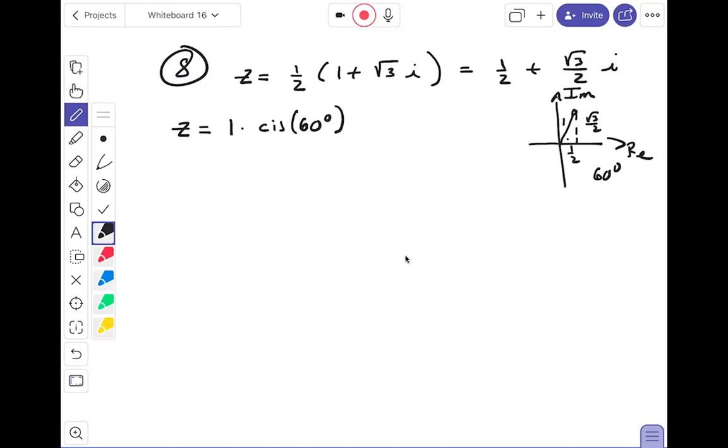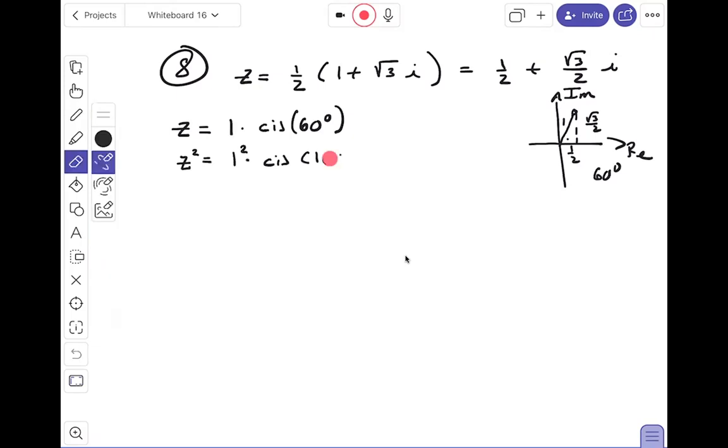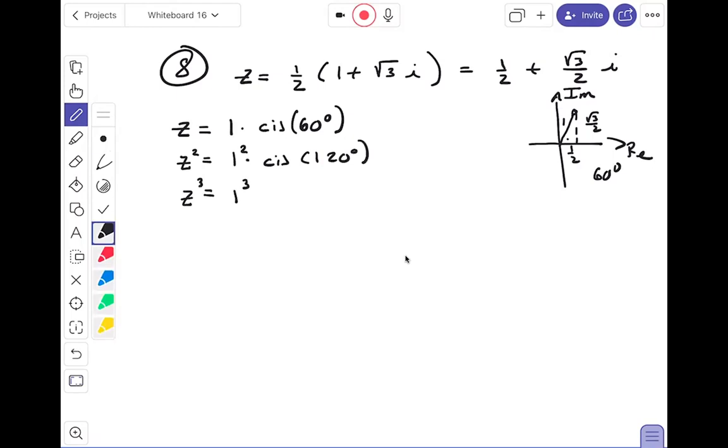All right. Now I'm going to write down z squared. We'll visualize it in a second, by the way. It's going to be rough. What's it going to be? 1 squared cis 120. Whoops, made a mistake. That's 2 times 60. What's z cubed? 1 cubed times cis, well, 3 times 60 is 180 degrees, right? z to the 4th, that's going to be 1 to the 4th cis, well, 240, right?